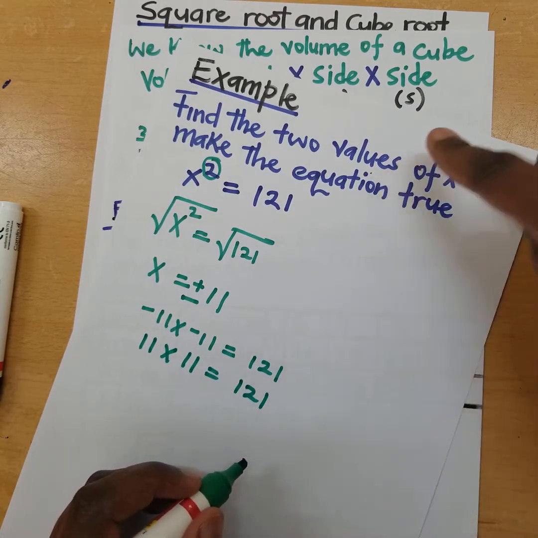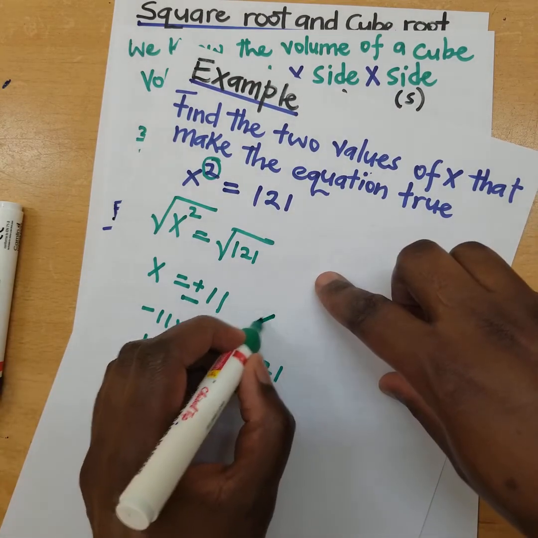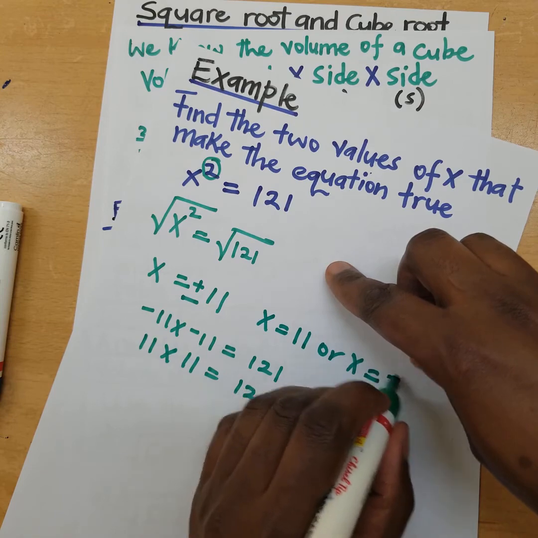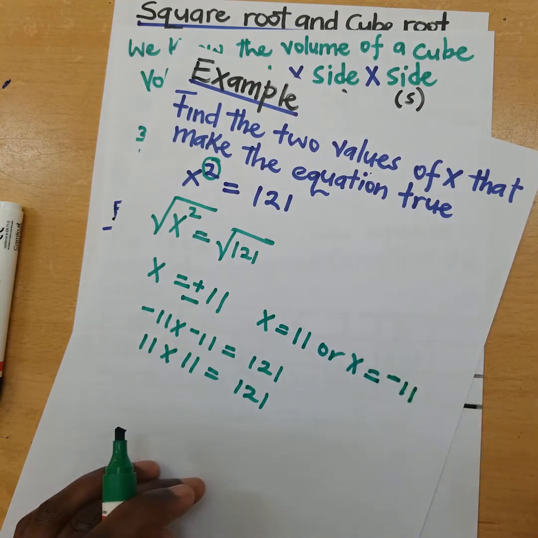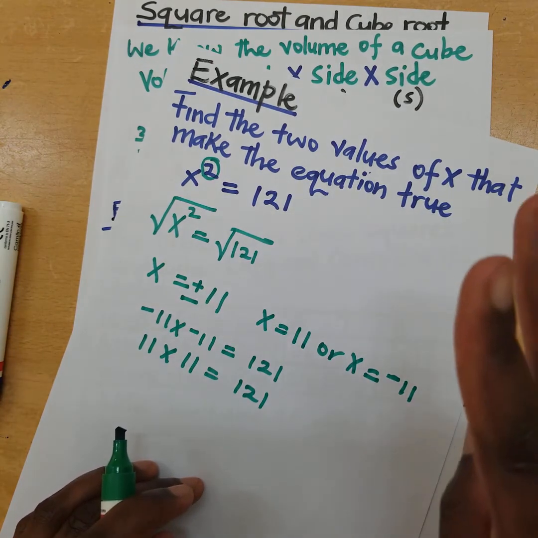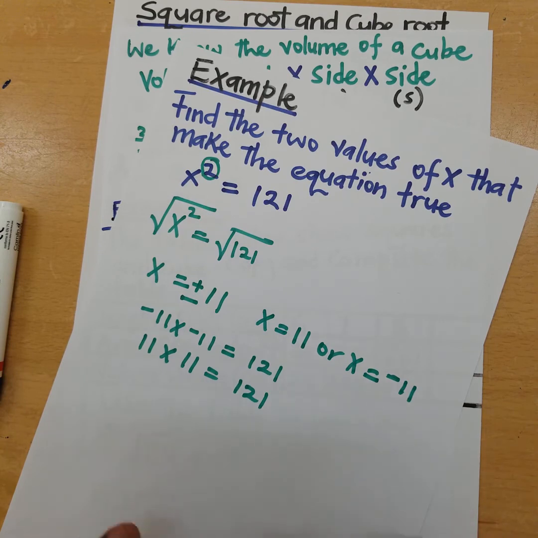So the two numbers that will satisfy this equation are either x is equal to 11 or x is equal to negative 11. So you should know that for square root, you have two answers: a positive answer and a negative answer, only for the square root.